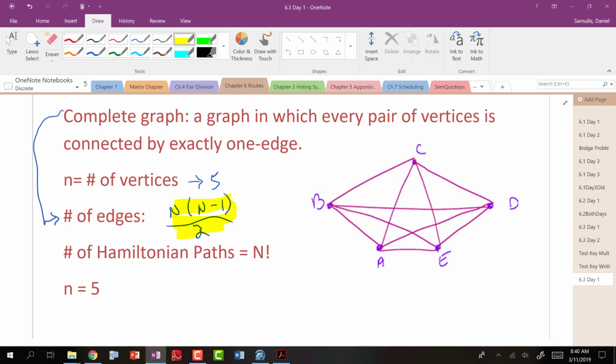I forgot, but I'm just thinking about another formula I threw down in previous notes. It's leaving my mind for a second here. So in this case, we could actually count these, but just want to make sure. We have 5 vertices. N minus 1 is 4, so that's just the number thrown in, divided by 2. That equals 20 divided by 2, which is 10. If you count the amount of edges that are in this graph, there are 10 of them. Okay, so that's just what that is.